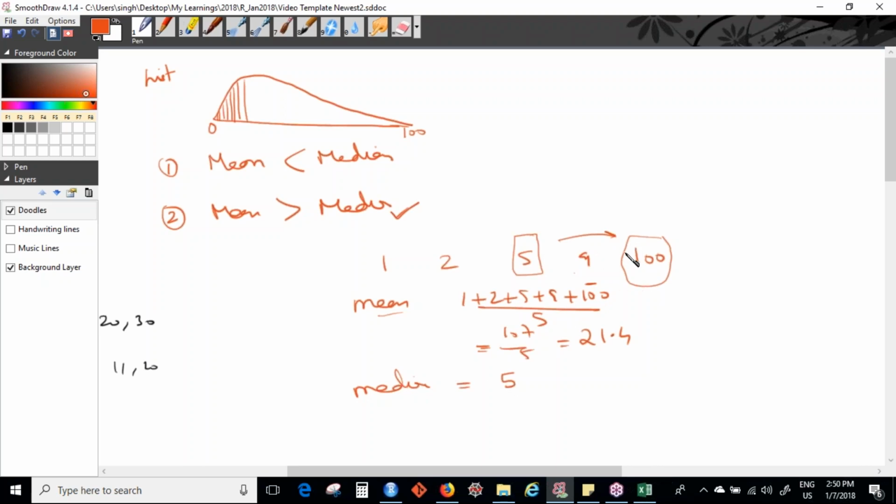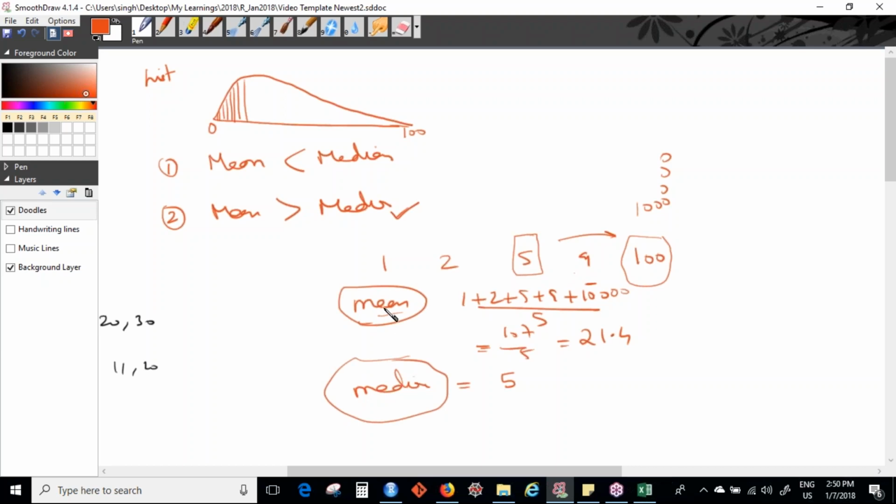Even if it was 10,000, or no matter how many zeros you put here, your median will remain the same. But will your mean remain the same? No. If you put 2 or 3 zeros here, it will go into thousands, right? So what does this mean? This means that your average is affected by outliers, but your median is not.